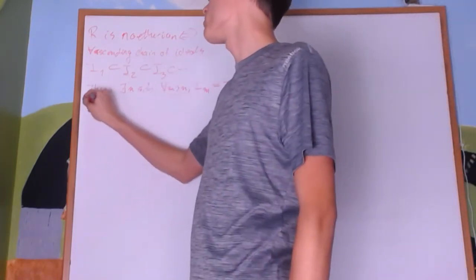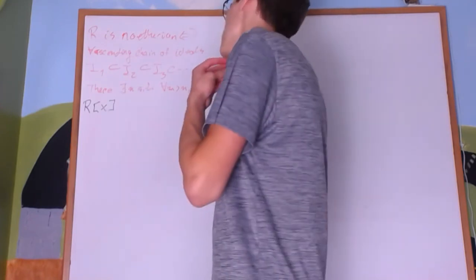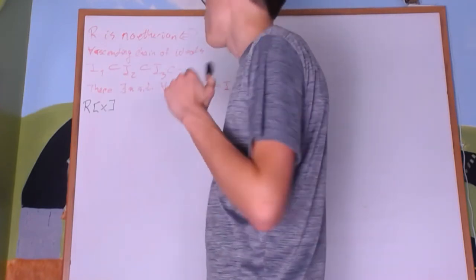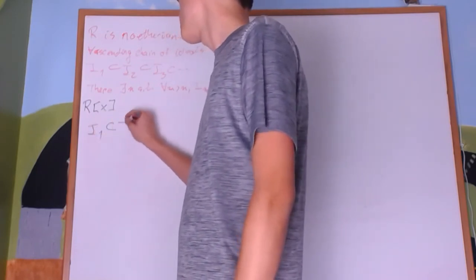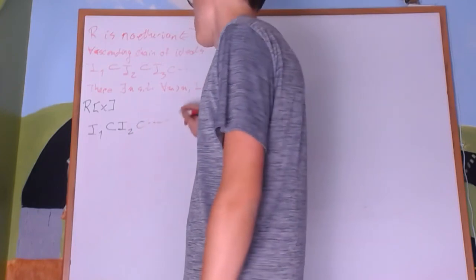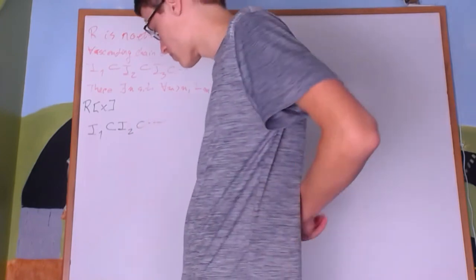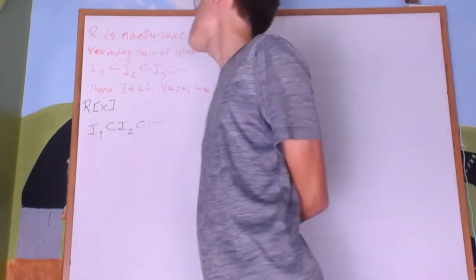For a Noetherian ring, if you create the polynomial ring, suppose there was an infinite ascending chain of ideals.